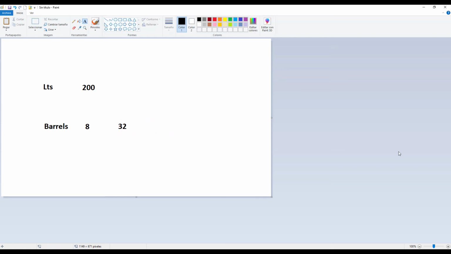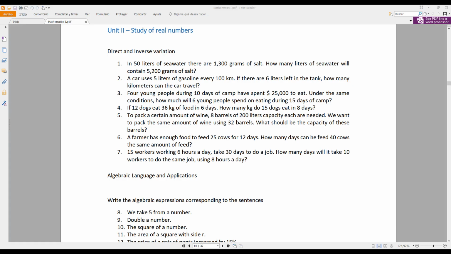Now the thing is, what kind of variation is this problem? If you think that it is a direct variation, you need to read the problem very well. Again, to pack a certain amount of wine, 8 barrels of 200 liters of capacity each are needed.